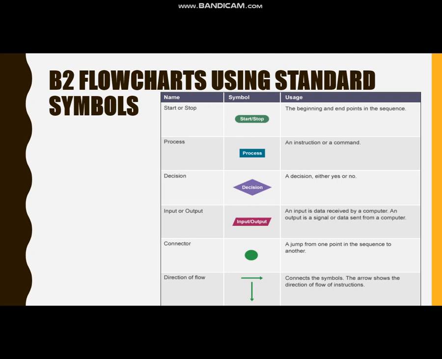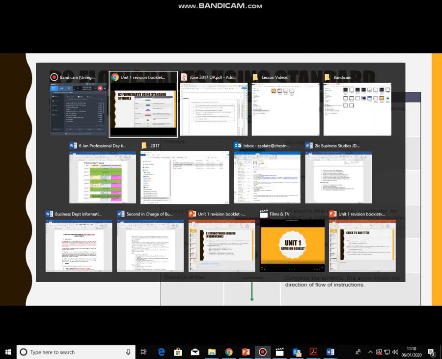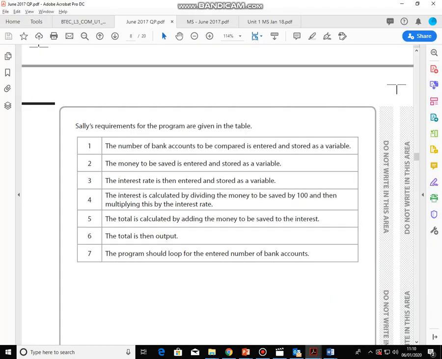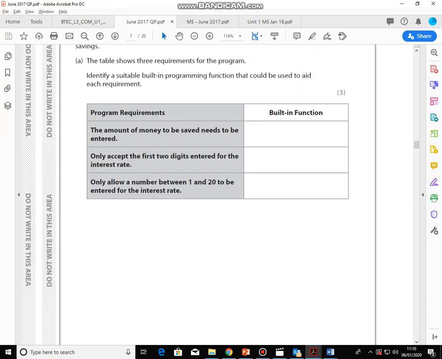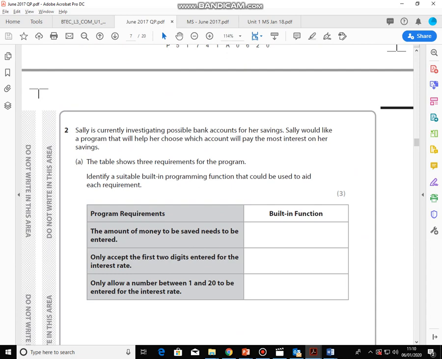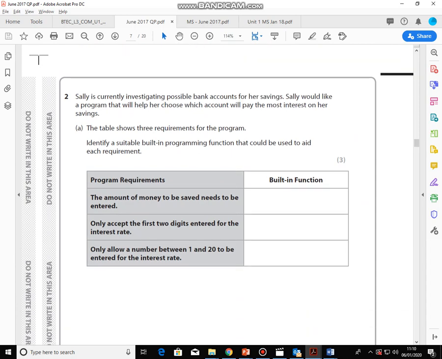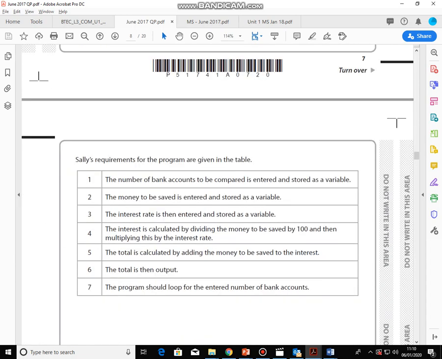Now, having said all of that, let's then put it into the context of an exam question. So I'll show you an exam question. So here is an extract of a question. So it said June 2017, question number 2A. Okay, so it gives us a scenario here. Sally's requirements for the program are given below.